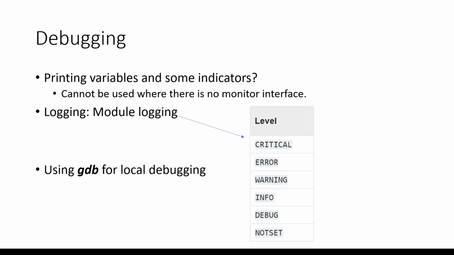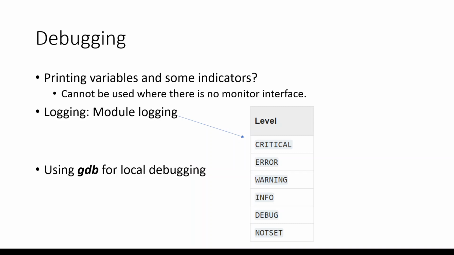In such cases, we can use something called, sorry, it's not GDB, it's PDB. GDB comes from C and C++. Its full form is GNU debugger, which is why it's GDB. A similar tool is used in Python, so it's called PDB, the Python debugger.